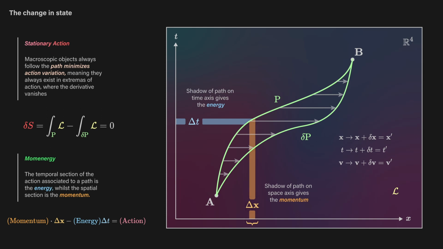So if you take the path P over here, by projecting a shadow on the time axis of a single infinitesimal segment of that path, delta t, and multiplying that infinitesimal segment by the amount of energy the particle possesses in that infinitesimal segment, and then you sum that to the momentum times the infinitesimal segment of spatial displacement that the particle has on that path, if you add those together, you get the action, the total amount of action on the particle in that exact instant of time.